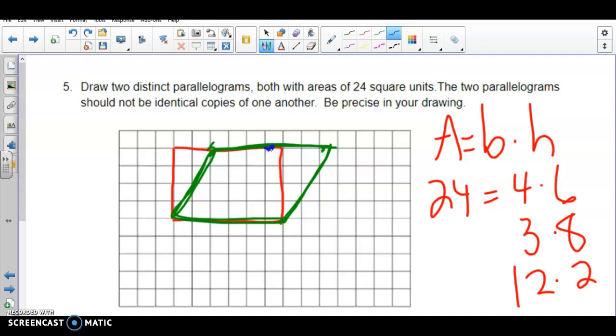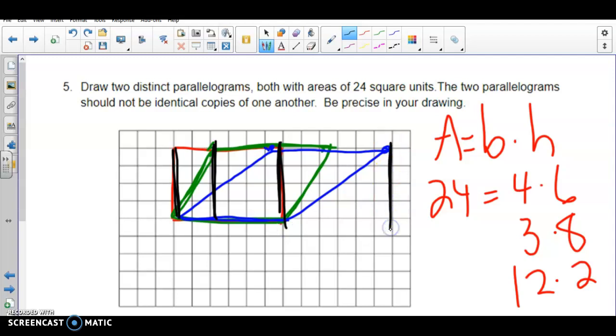So I can make this parallelogram, and that will be the same as long as my height, which I'll outline in black, is the same every single time. And you can see that the height is the same every single time, whether it's red or green or blue. So that's one parallelogram that you could make.